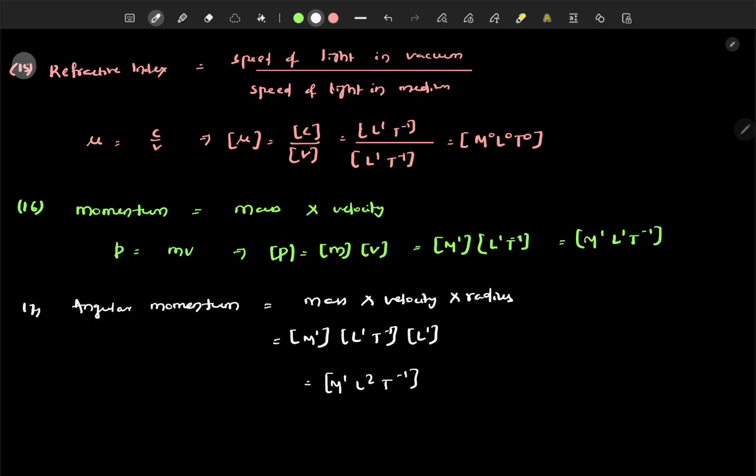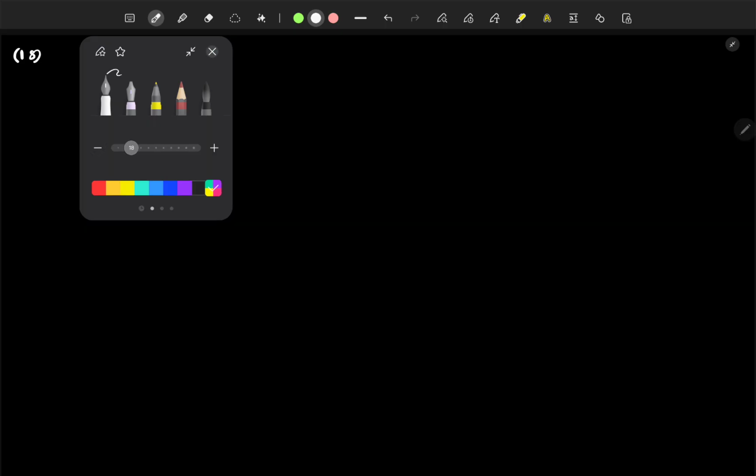Okay. Next, quantity number 18. Which quantity do we have to derive? We know one formula, F is equal to G m1 m2 by r square. So in this formula, what is the value of G? G is equal to F r square by m1 m2. So what is F?